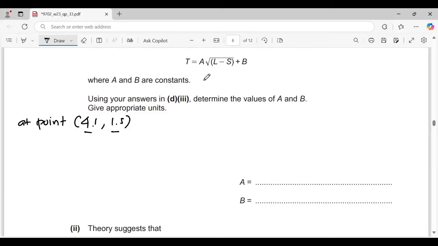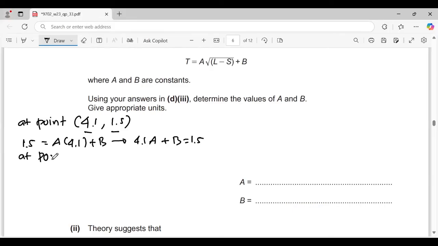So we can substitute into this equation, it becomes 1.5 equals A multiplied by 4.1 plus B. Or we can rearrange, it becomes 4.1A plus B equals 1.5.